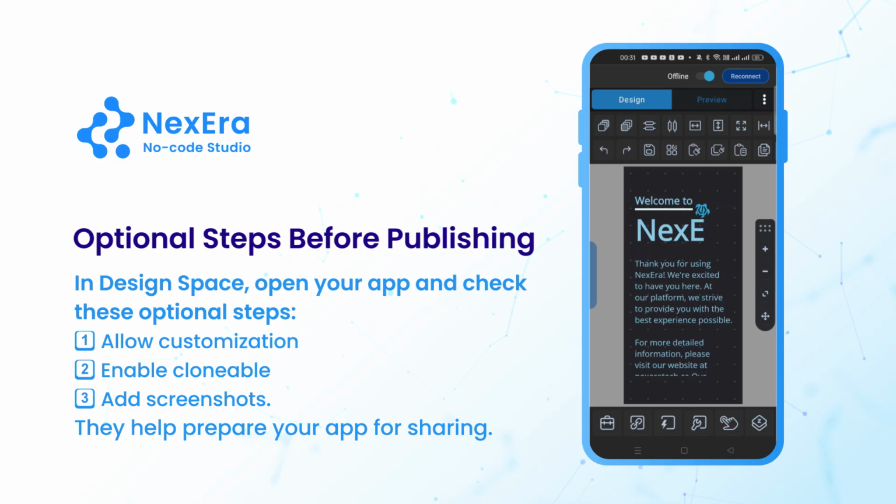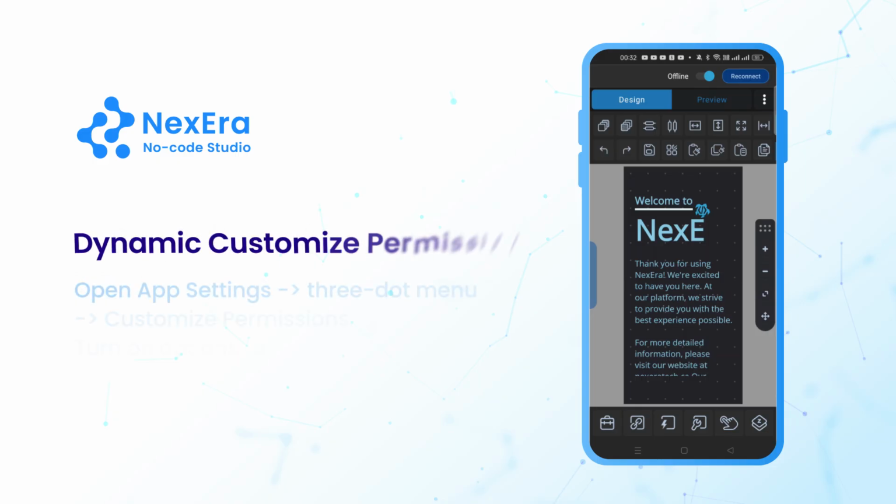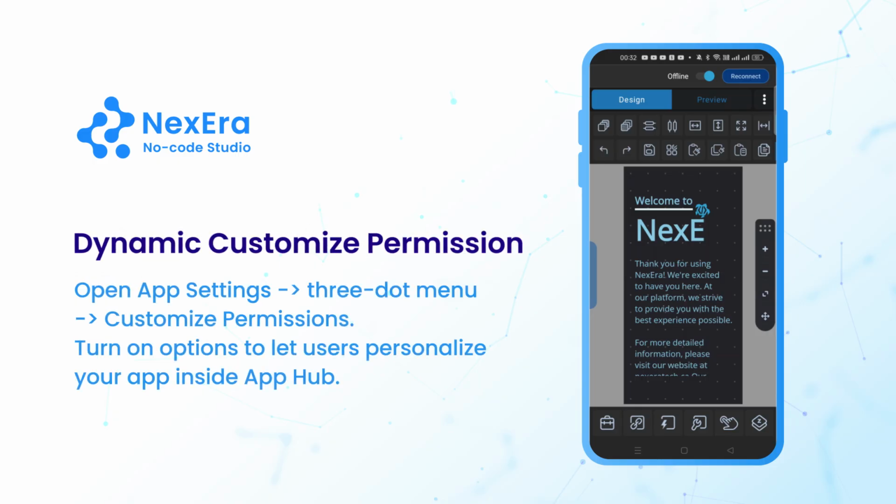Next, enable the Cloneable option if you want others to be able to republish your app under their own account. And finally, add screenshots so users can see a visual preview when they browse or download your app. Now, let's go through each of these steps one by one.